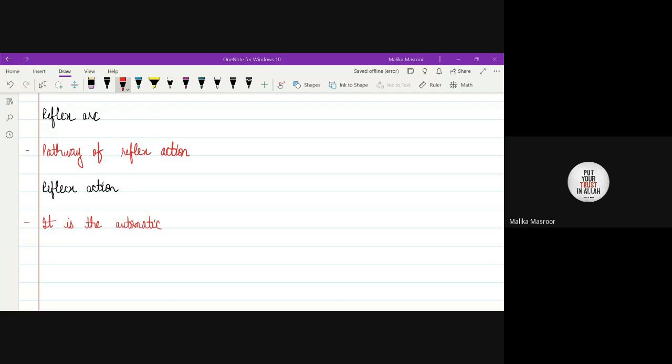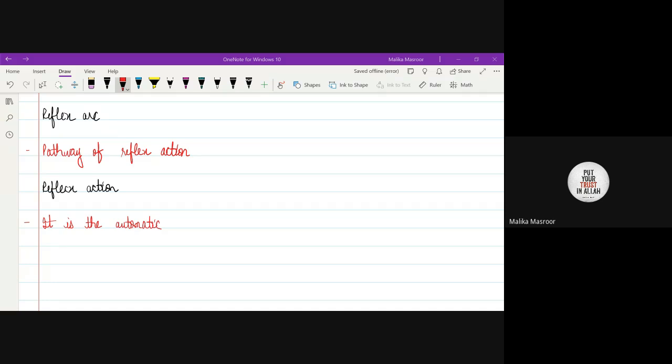For example, sometimes a very fast ball is coming towards you and you catch it all of a sudden and you're like, oh, I wasn't even ready, I don't know how I caught it. That is a reflex action. If someone is throwing something towards you, your brain automatically raises the hands to catch it, even if you were not mentally prepared. If something hot is falling, you would automatically move back.